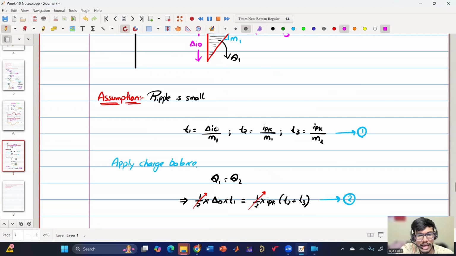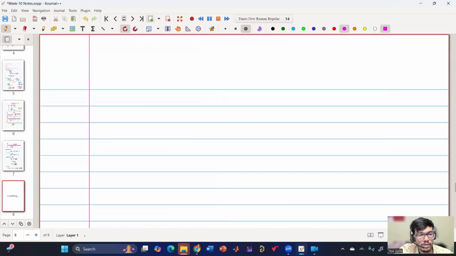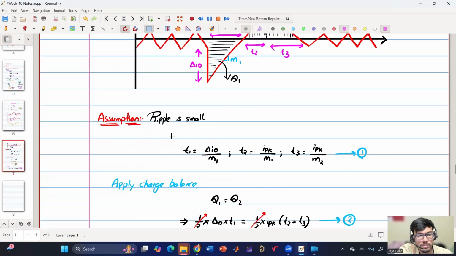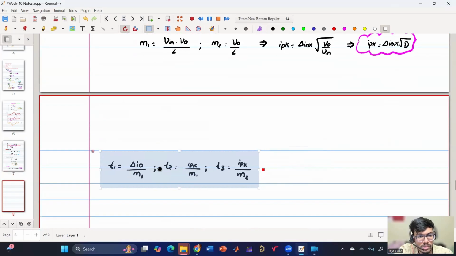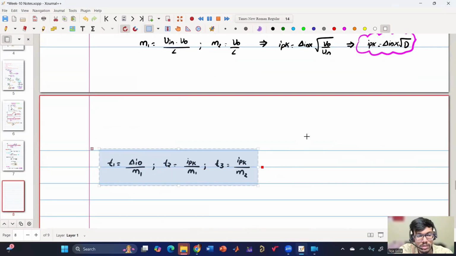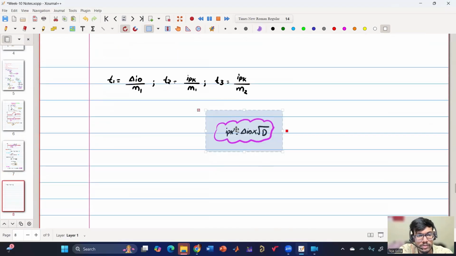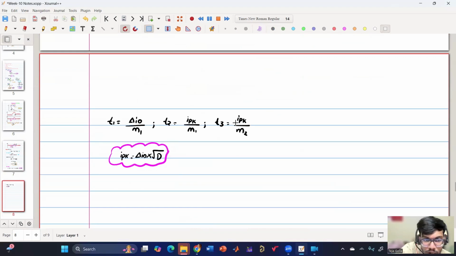So first, for calculating TS, we'll write T1 plus T2 plus T3. So this is my delta I. Then I got I peak as delta I naught into root D. First, let us solve for T2 plus T3, then we'll come back to T1.